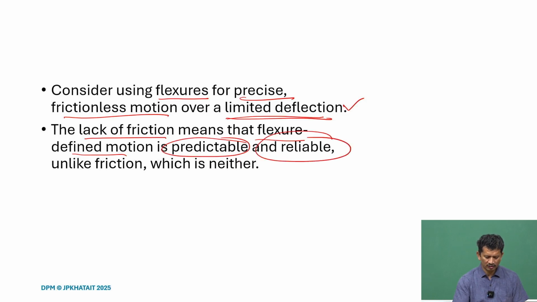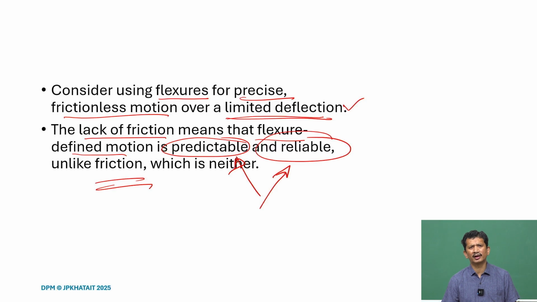Both are ensured when you are using flexure members, which is not applicable if there is friction. So it is very important that we focus on these kinds of elements.